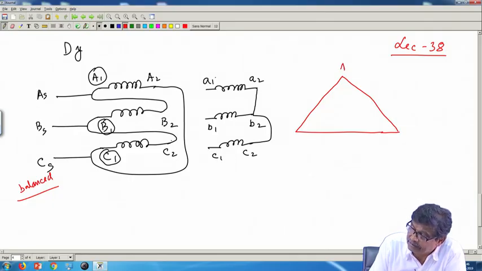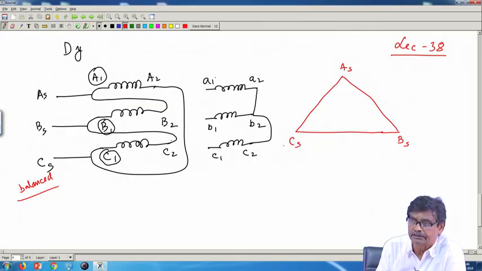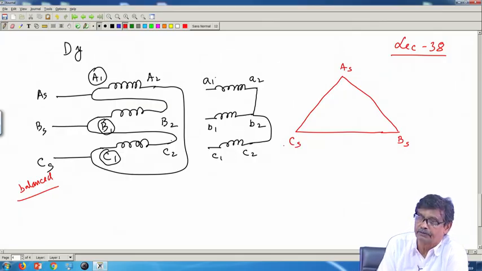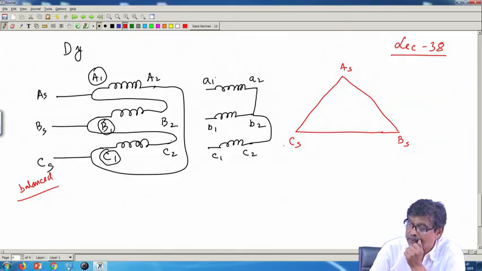This is the line to line voltage I am drawing, AS, BS and CS. This is the balanced 3-phase voltage. What else? AB, BC, CA, they are 120 degrees apart.